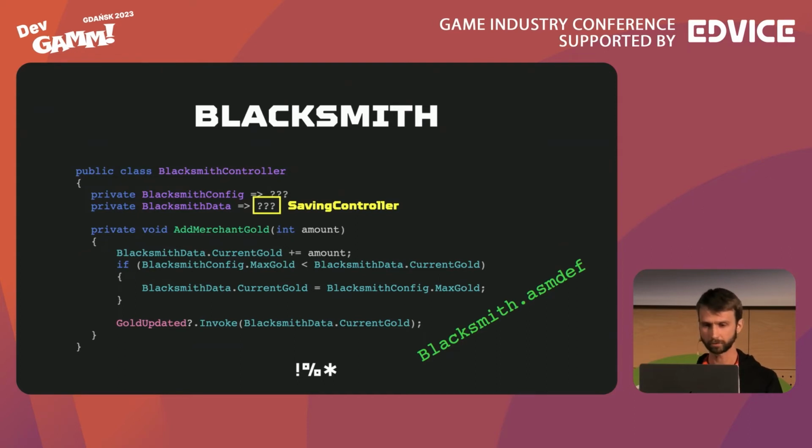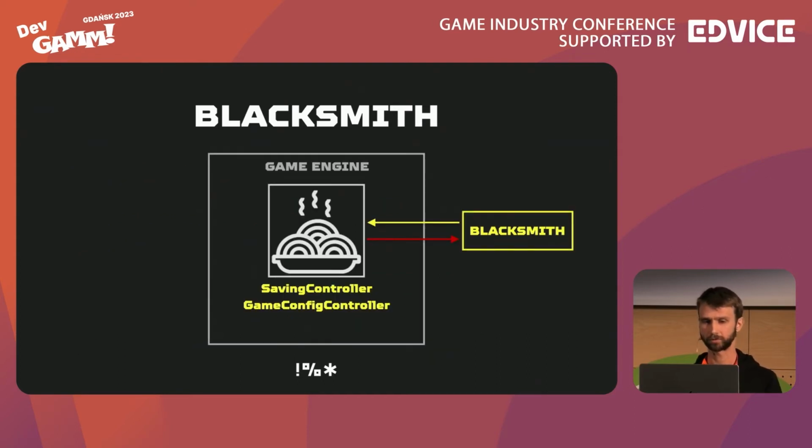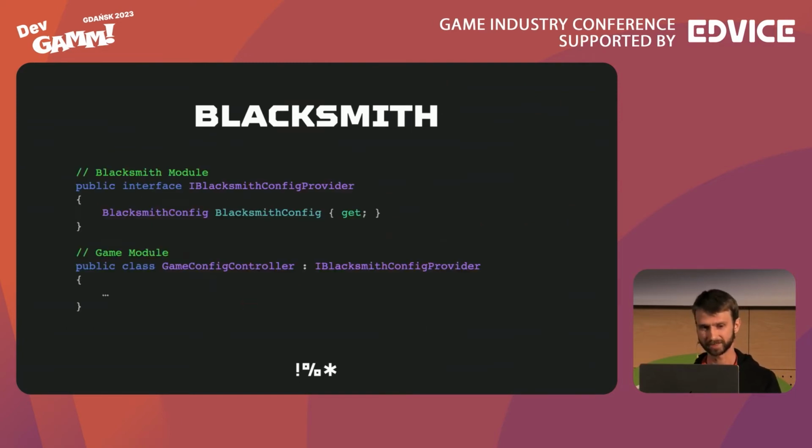So how can we solve this dependency with the save controller and game config controller? Basically, again, by introducing interfaces. We can provide a blacksmith config provider, which will be implemented in the game config controller. And same story with a blacksmith data provider. It can be implemented in the save controller.